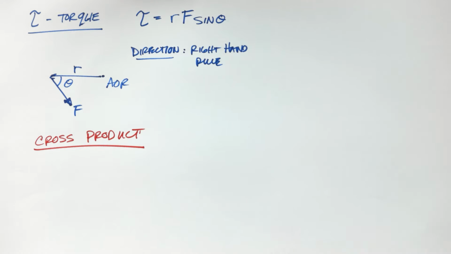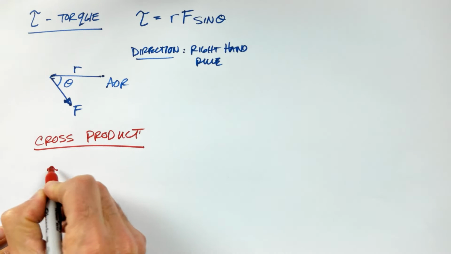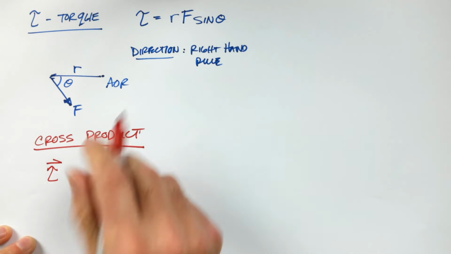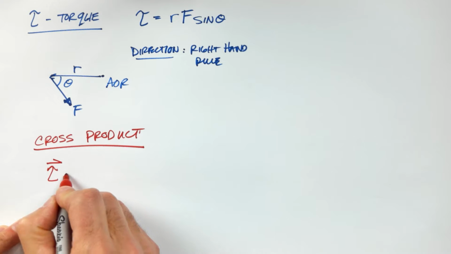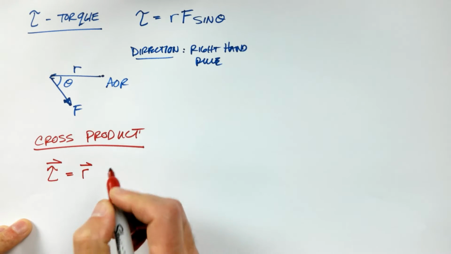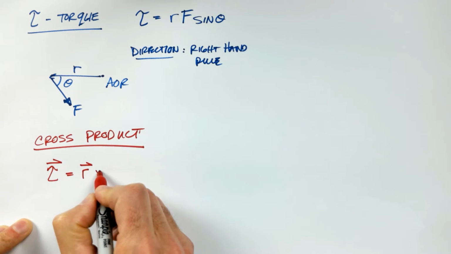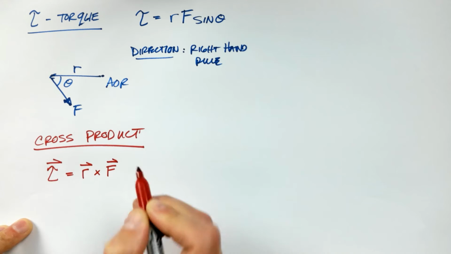So for torque, we could say that torque as a vector now, not just a magnitude, would be equal to the r vector crossed with the force vector.